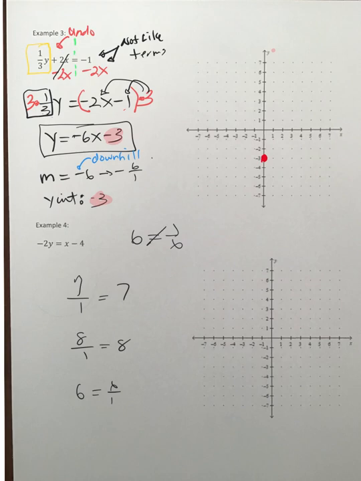Those are not the same thing. So that means we have to rise 6 and run 1, and we have to make sure we're going in a downhill slant. So rise 1, 2, 3, 4, 5, 6, and then run 1. And then down 1, 2, 3, 4, 5, 6, and 1. So there's a very steep line that has a slope of 6 over 1.